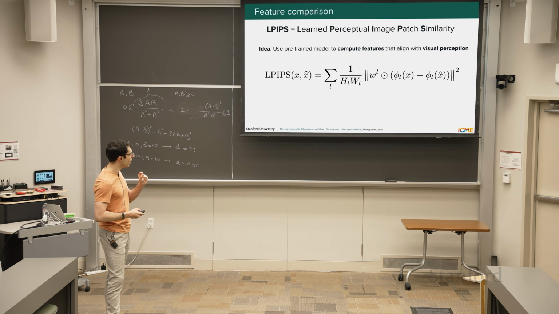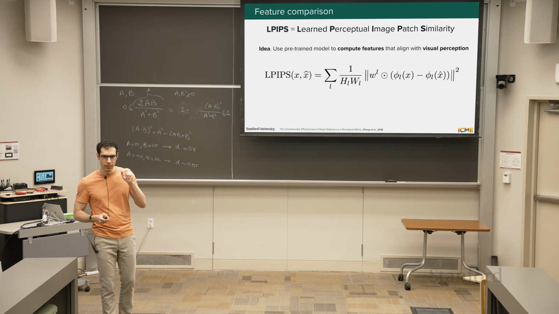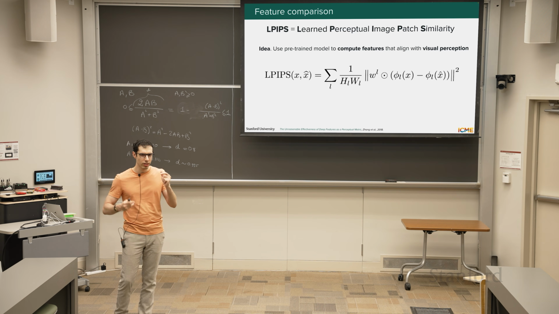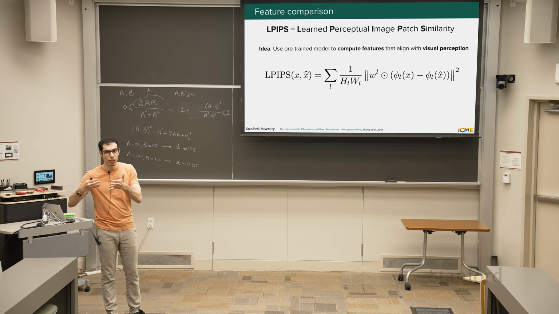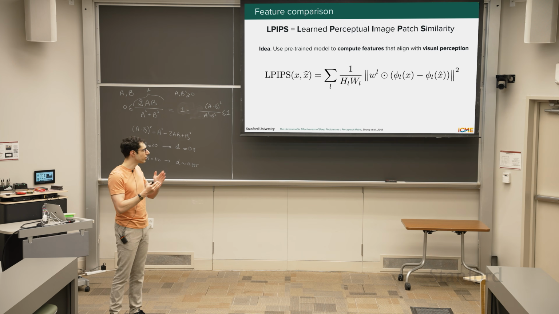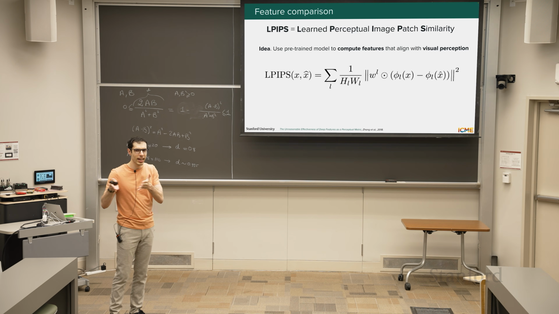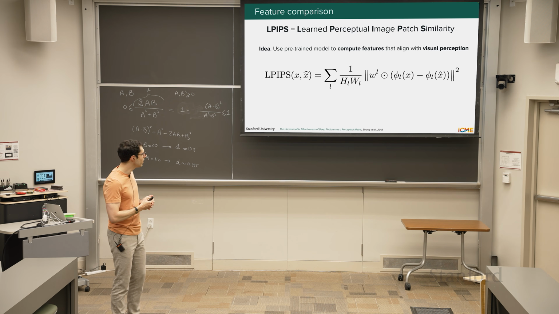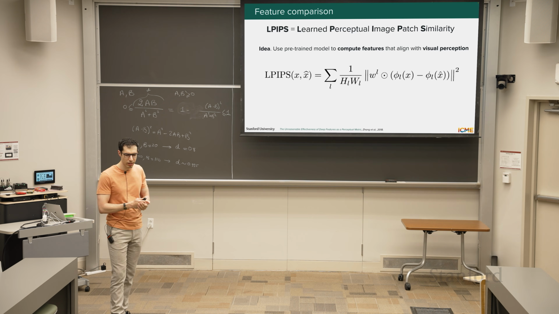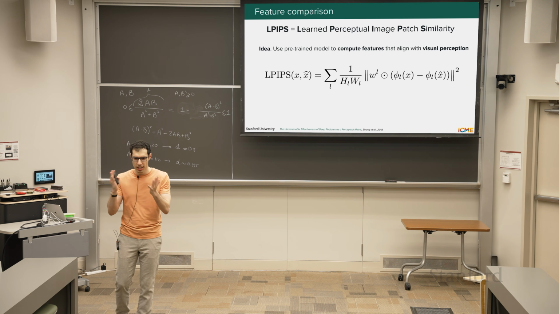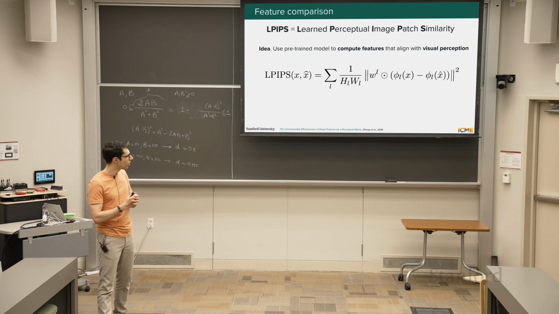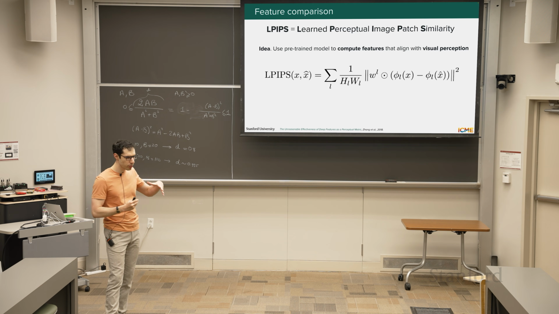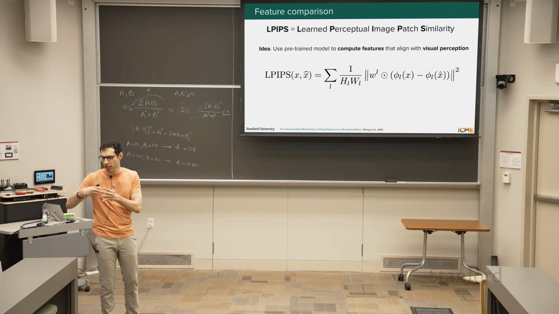And you also have a coefficient W, which was determined such that the resulting metric aligns with human perception. I believe these were tuned because there was a data set of images, and the idea was to tune this metric so that it's as aligned as possible with human perception levels.